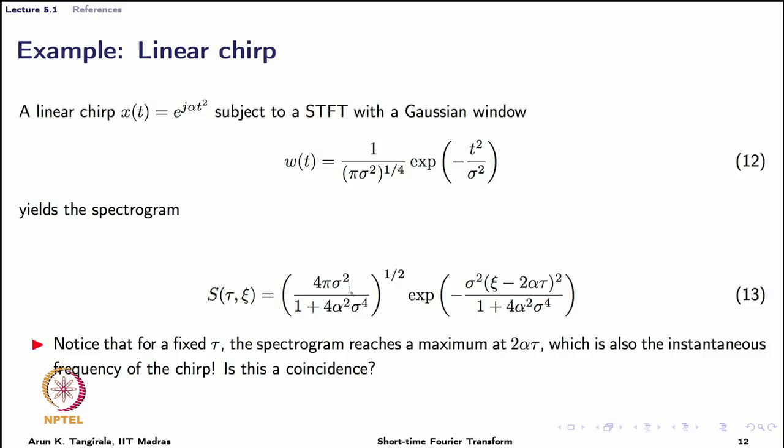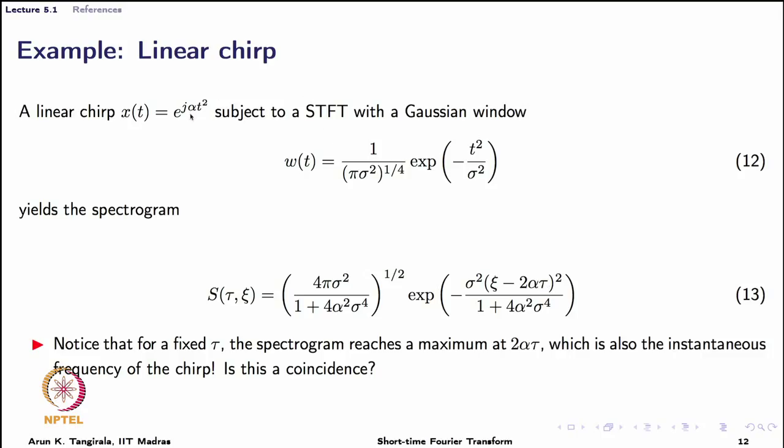Now, the reason for picking this example is to illustrate a point that we will discuss in more detail later on. Look at this expression for the spectrogram for a linear chirp. At a fixed time tau, tau is the center of the window, but that is also the time. At a fixed time tau, this spectrogram reaches a maximum when z is 2 alpha tau.